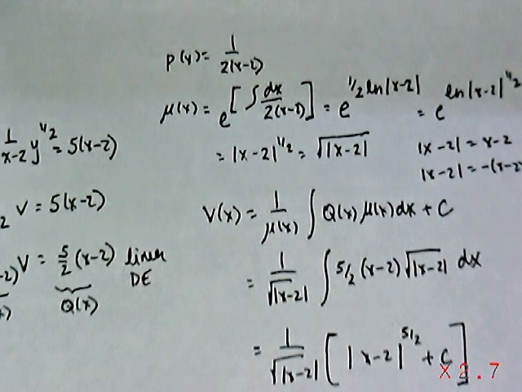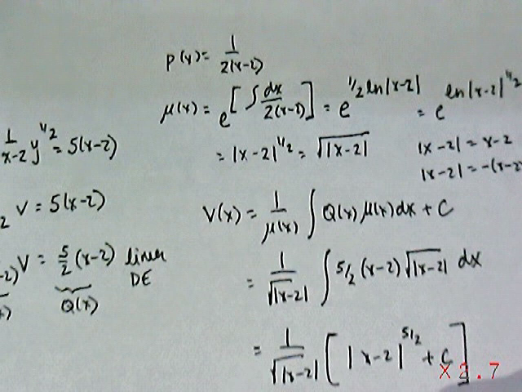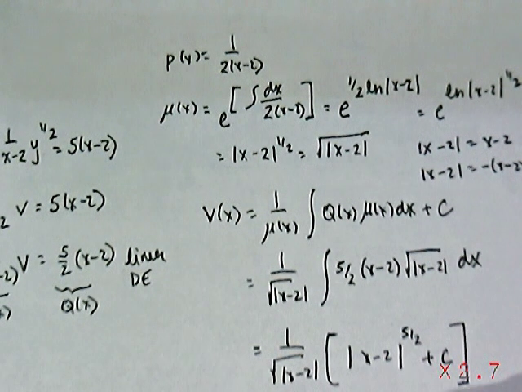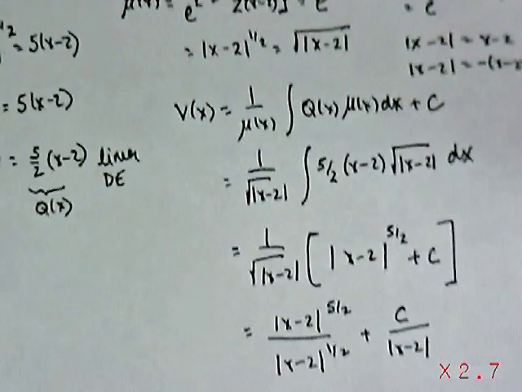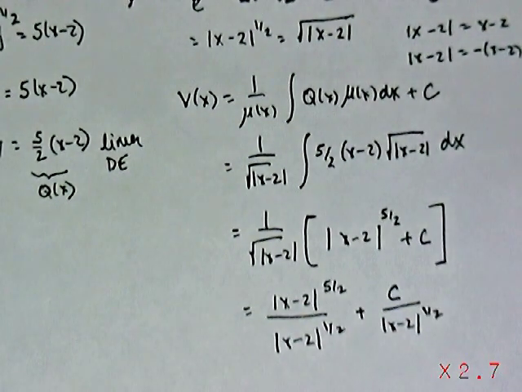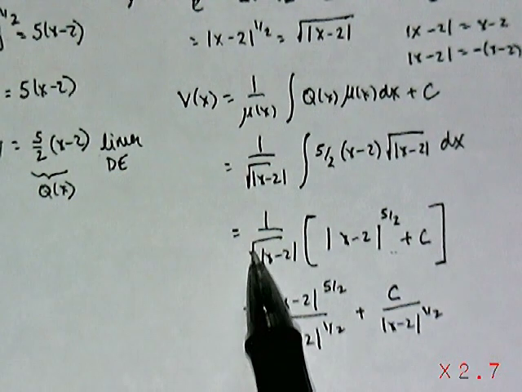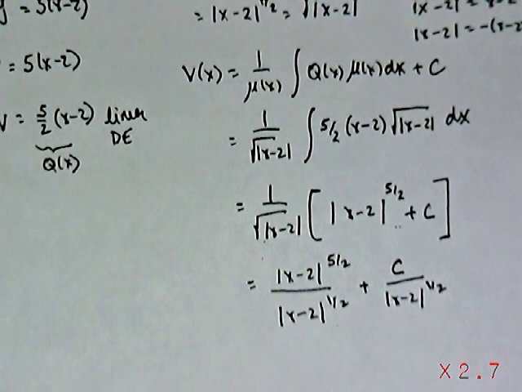Which could be rewritten as the absolute value of x minus 2 to the 5/2 power over the absolute value of x minus 2 to the 1/2 power, plus that constant over the absolute value of x minus 2 to the 1/2 power. So what we've done is just multiply through, but instead of using the root there, I just changed it to the exponent 1/2.